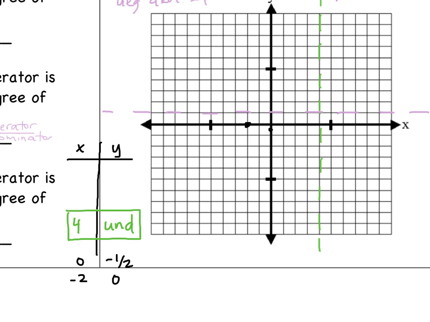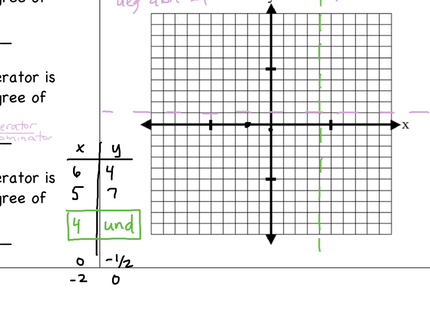Then we can include 2 other points on the other side, 5 and 6. When x is 5, we plug this in, we should get 7 for y. And when x is 6, if we plug that in correctly, we should get y to be 4.